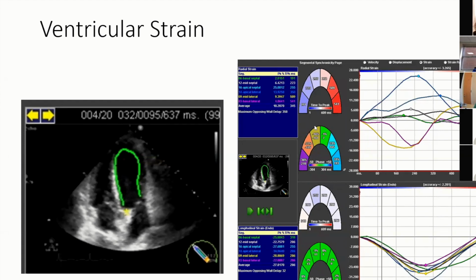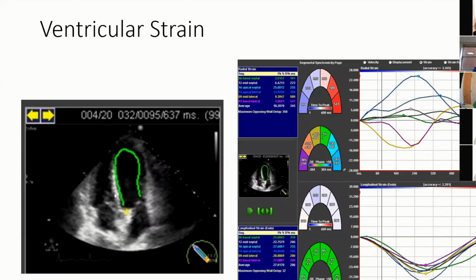And we can look at that for all these different segments of the heart over the cardiac cycle. This is a piece of software that traces the little speckles and tracks them over the time of contraction. So the heart is contracting, going up and down.